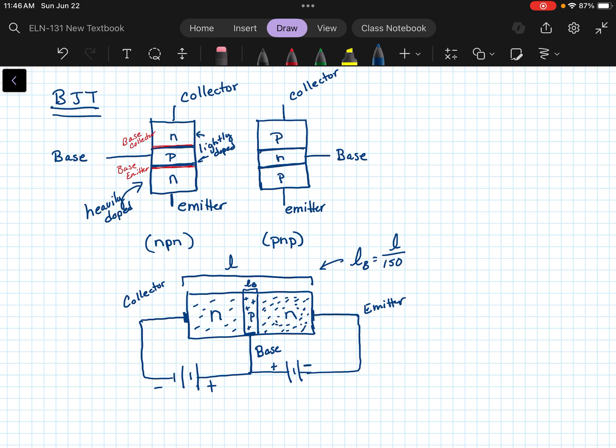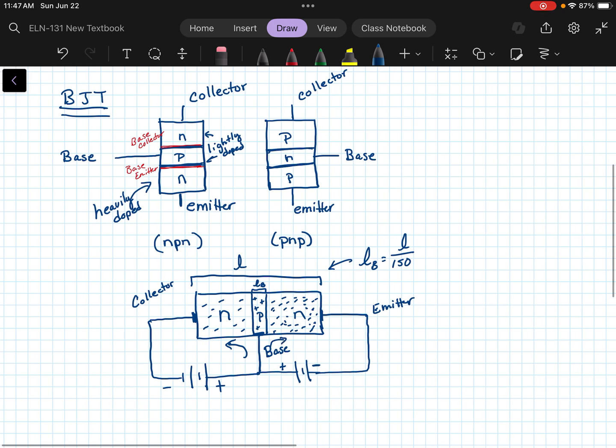So if this is the case, and we're using the base here, what would that do? First of all, if this were a diode, we would expect to be creating current in this way, from the base to the collector and the base to the emitter.